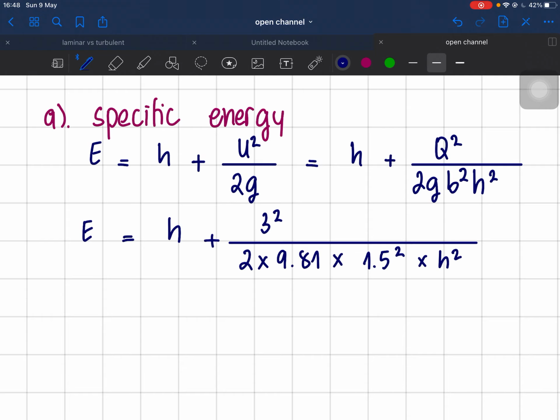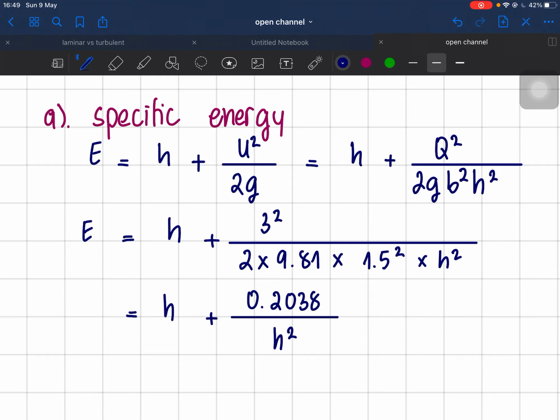So for only the numbers, 1.5 squared. Okay, so this is H plus 0.2038 over H squared.